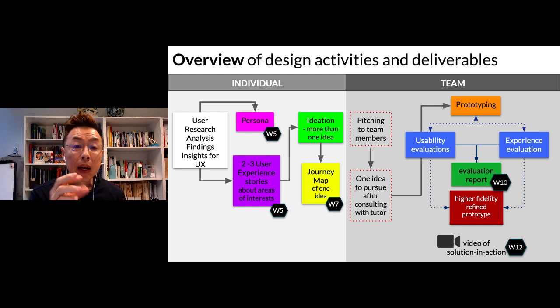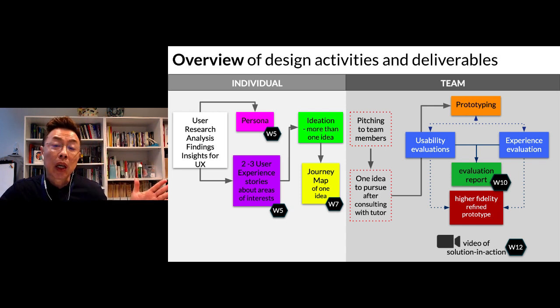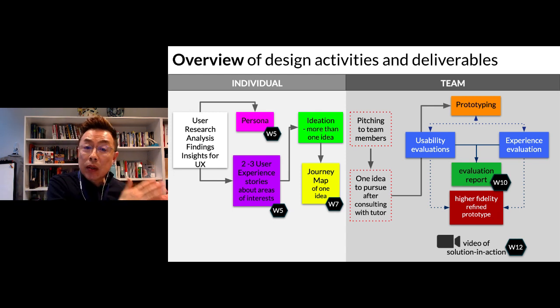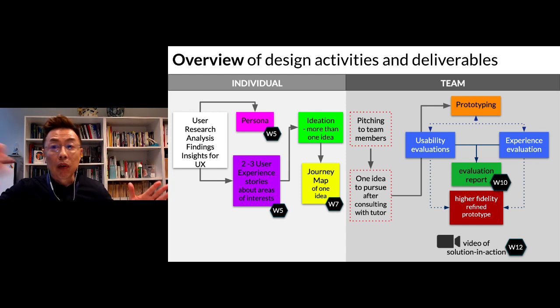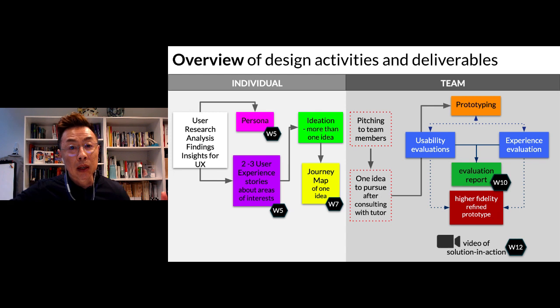Okay. From there, personally, individually, you need to come up with an idea, more than one idea, an ideation. Okay, and then you take this stronger idea that you think you have and create a journey map, and that will be due on week 7. So the journey map will outline the person's journey using your idea, using your design solution, stepping through from maybe leaving home until arriving at the place that they want to commute to.